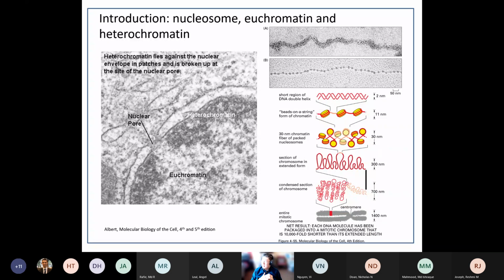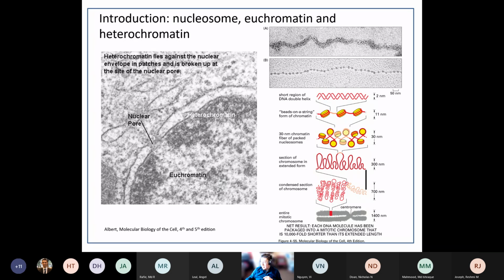On the left side, I show you an EM micrograph. This is a high magnification image of a cell, and in the right bottom corner you have the nucleus, while the rest is cytoplasm. You see a nuclear pore, and inside the nucleus there are some regions we call heterochromatin, and other regions we call euchromatin.